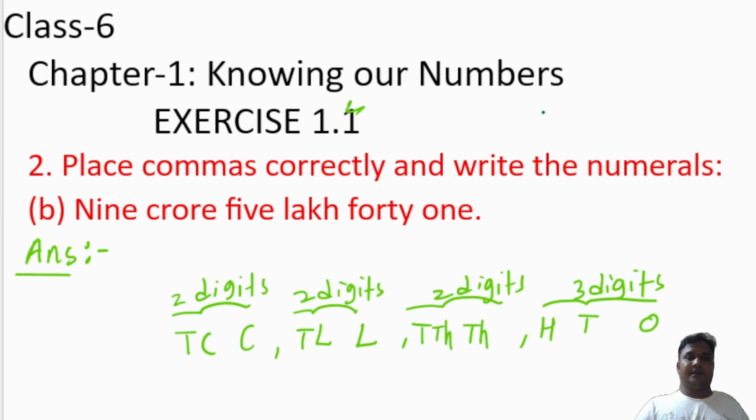We can write it as 09, because this is 2 digits, and then comma is there. 9 crore 5 lakh. Lakh is also how many digits? 2 digits.